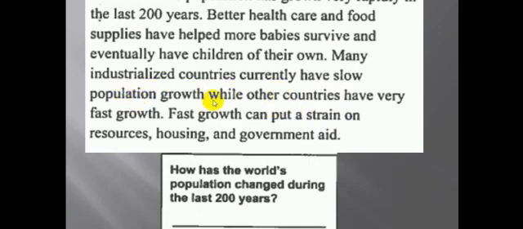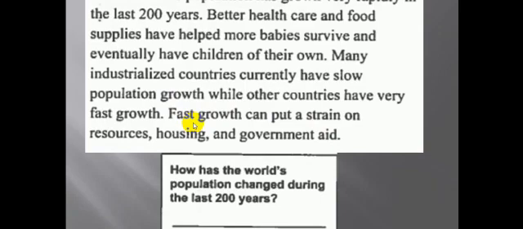Many industrialized countries have slow population growth, while other countries have very fast growth. So in some countries like Germany and the USA, they have slow population growth, but other countries have very fast population growth, like for example Egypt.